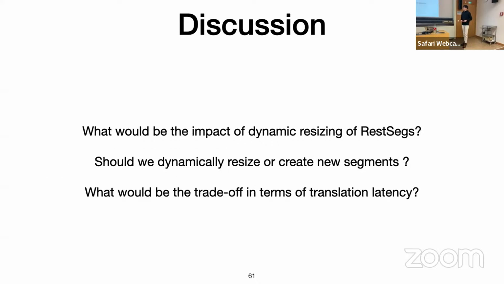Also, what would be the impact of a possible dynamic resizing of restrictive segments, and how should we do it? Should we dynamically resize existing restrictive segments, or should we just create new segments with a flexibly choosable size? I guess the advantage of this would definitely be to reduce fragmentation, internal fragmentation in the restrictive segments.